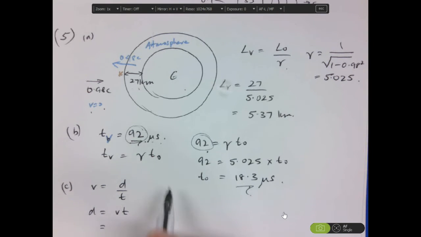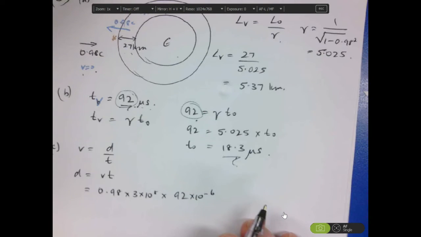The velocity of this muon is 0.98 according to the physicist, times c, which is 3 by 10 to the 8th, times the time, which is 92 microseconds, 10 to the minus 6.